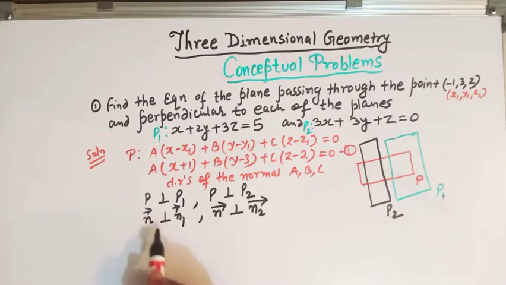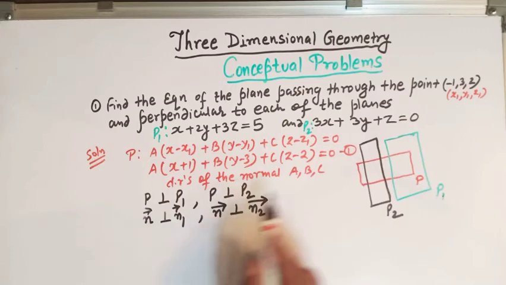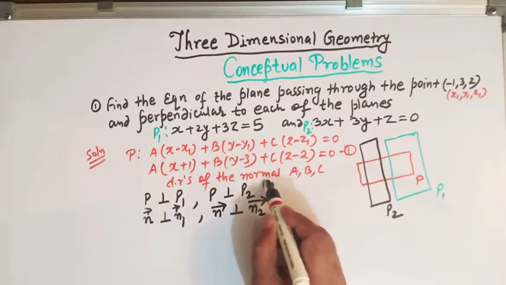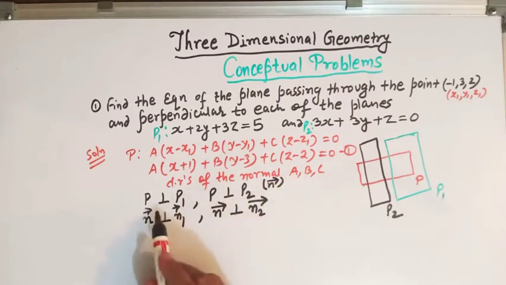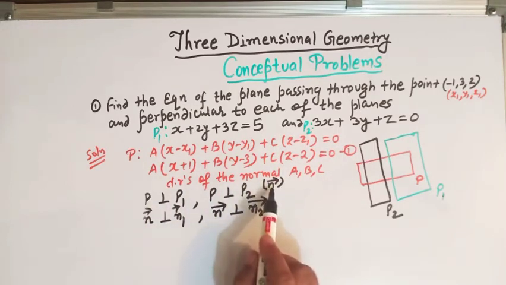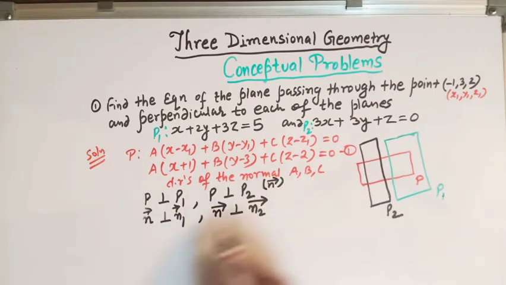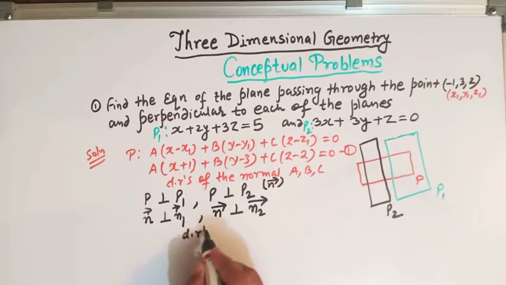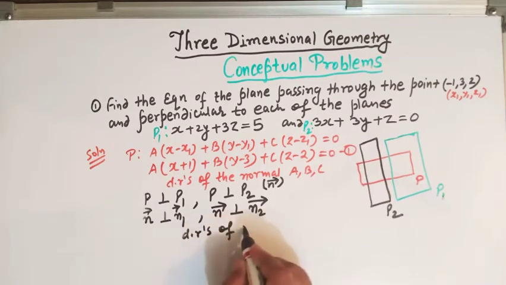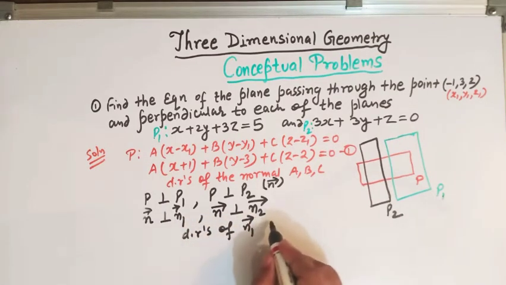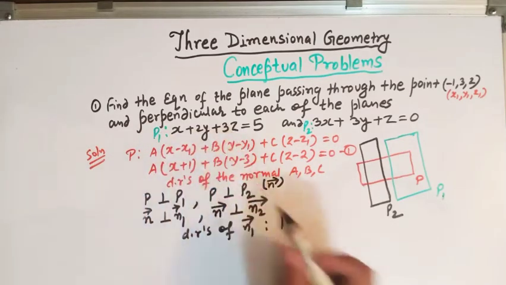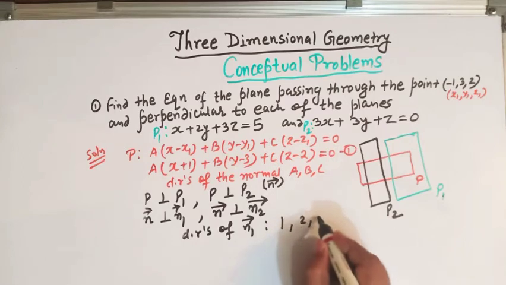So now the vector n has the drs a, b, c, and the drs of vector n1 are the coefficients of x, y and z respectively, right?